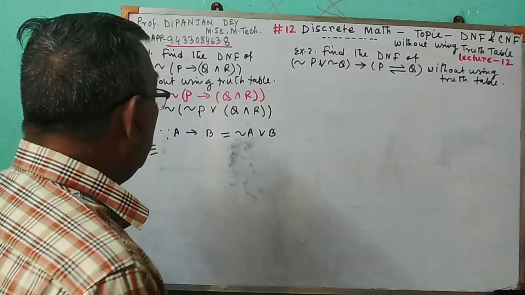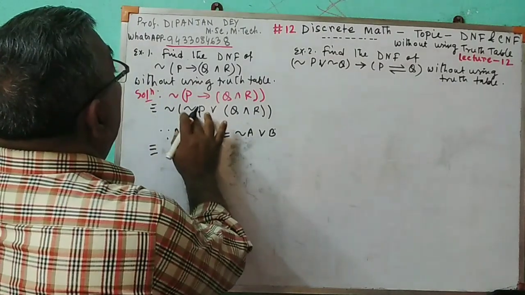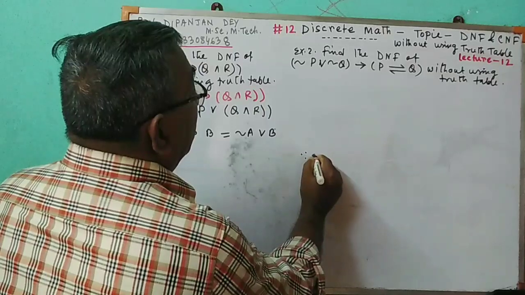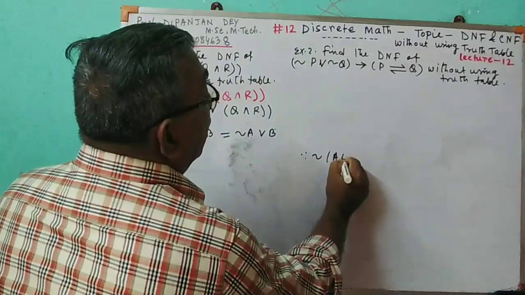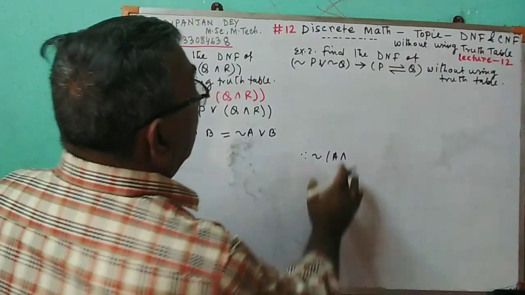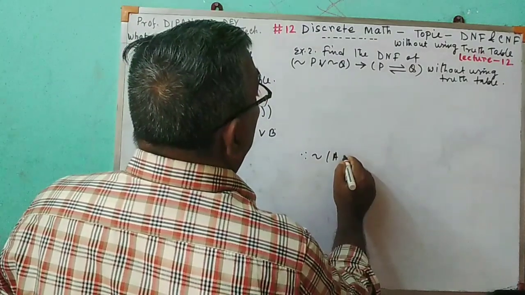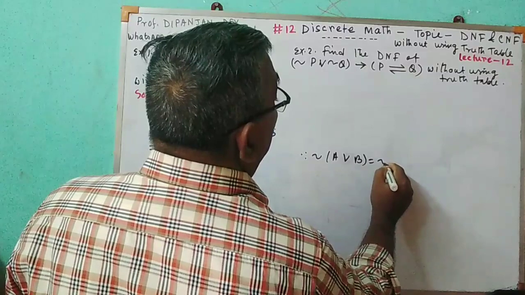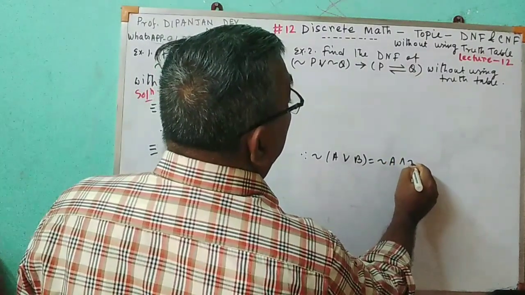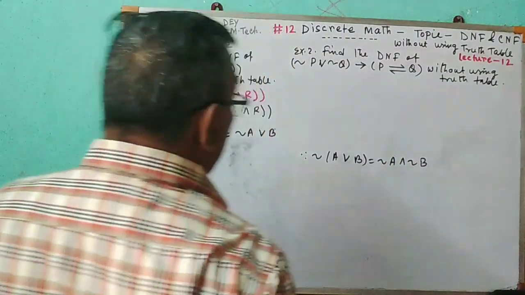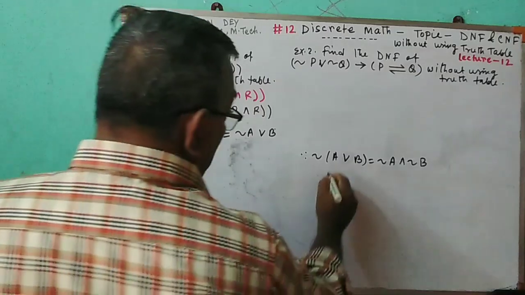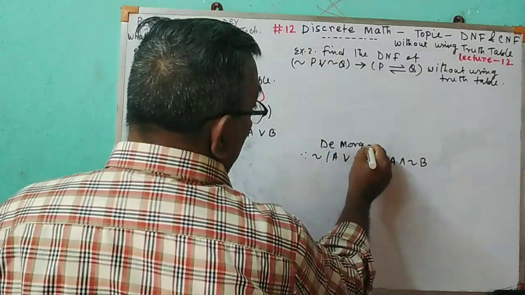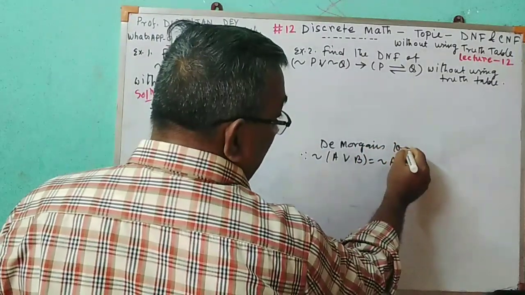You know De Morgan's law: negation of A disjunction B is equal to negation A conjunction negation B. So this formula is De Morgan's law, I am applying this.